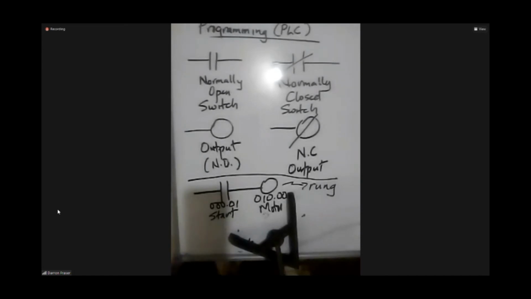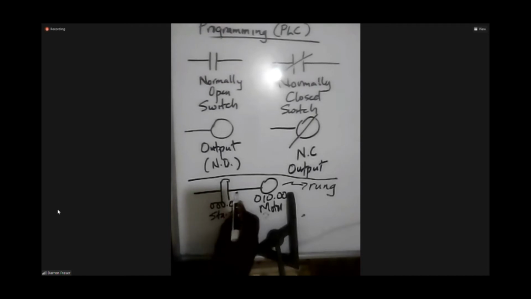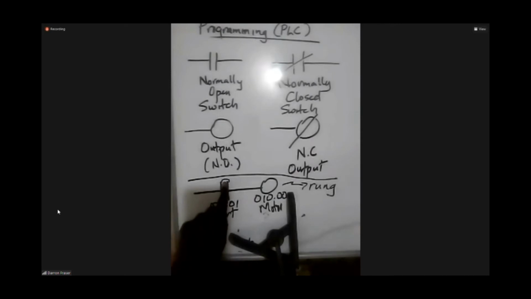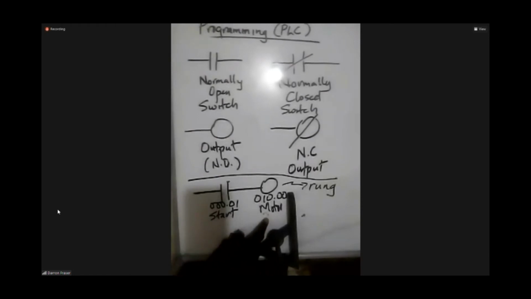What that says is that when I trigger the start switch in the program, it's going to close and turn on the motor. So this line means that the start switch is connected to the motor, and when the start switch is triggered, it's going to turn on the motor.